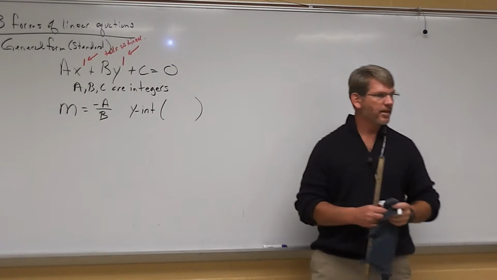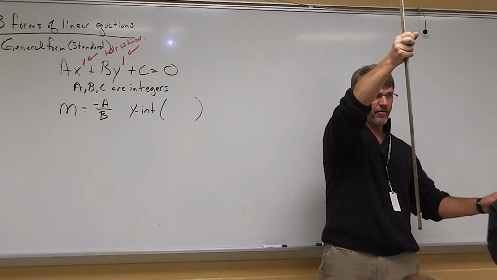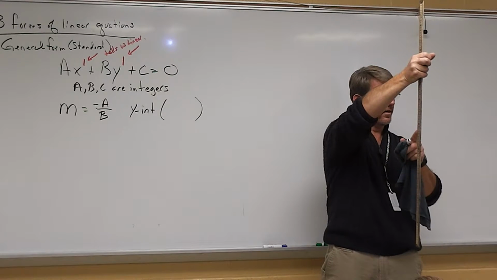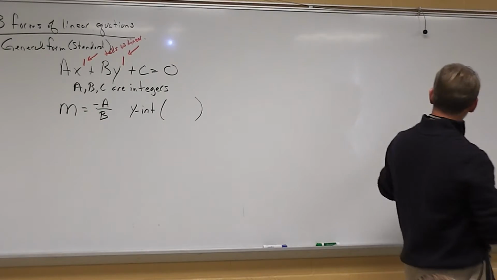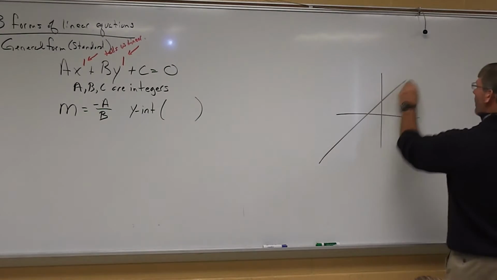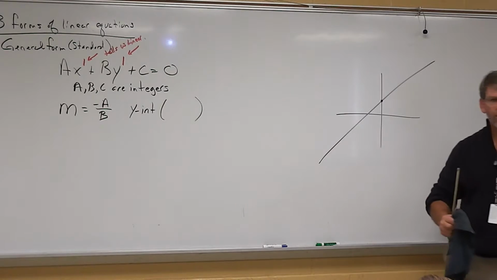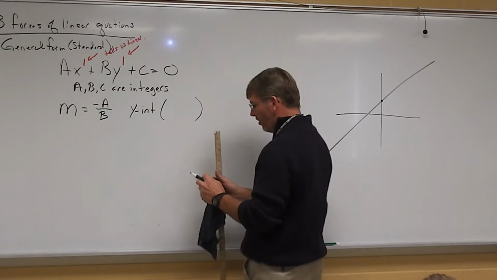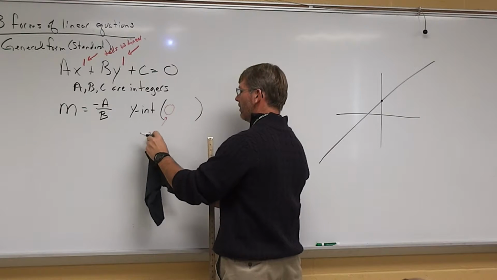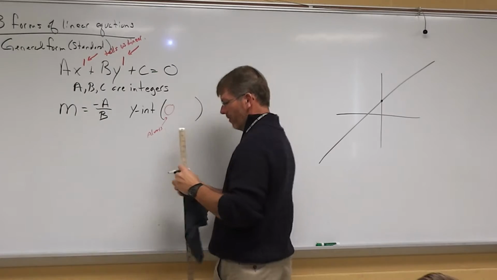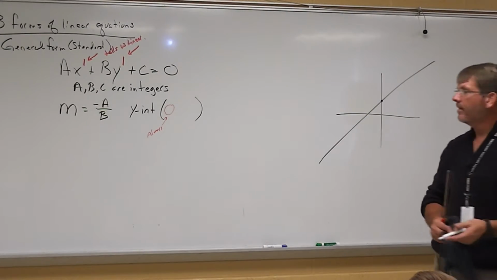What's the x-coordinate of a y-intercept? Here's the y-axis. Graph crosses the y-axis. What's the x-coordinate? Yeah, 0. The x-coordinate of the y-intercept is always going to be 0. That's how you're going to find the y-intercept. Let x be 0 and solve for y.